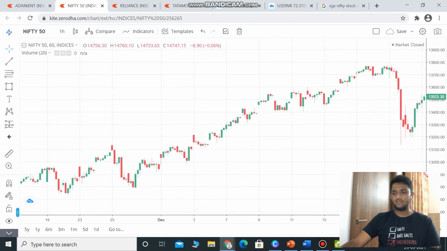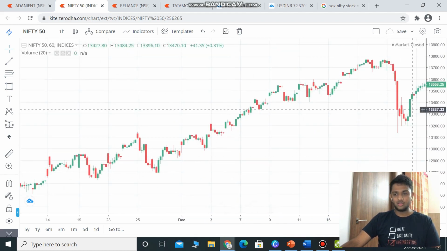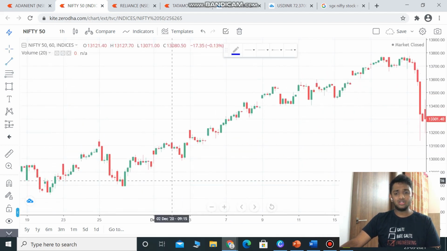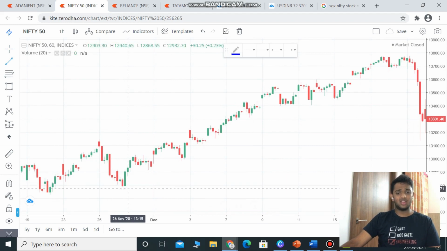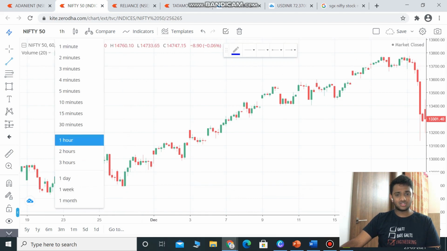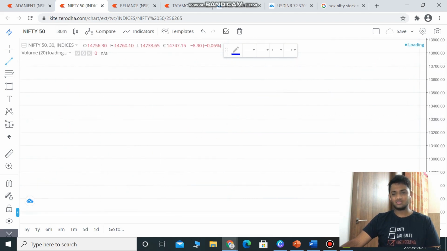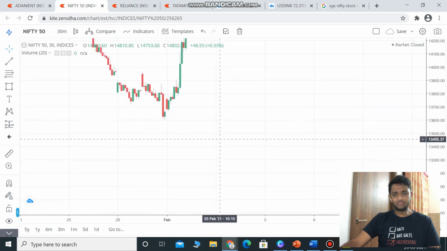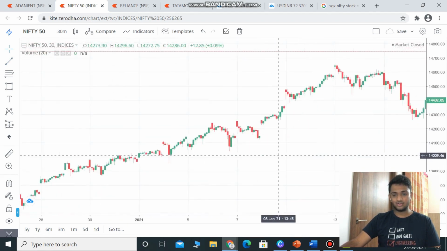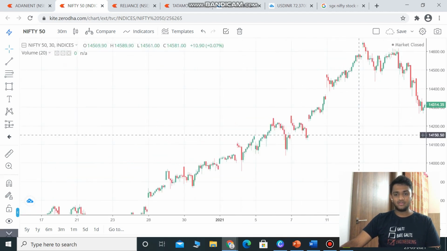If you want to draw a trend line, you have to see all the prices where it is rejected and gone above. That is called support. When you are drawing a trend line, I'll show it in a smaller time frame so you can see the wicks too.